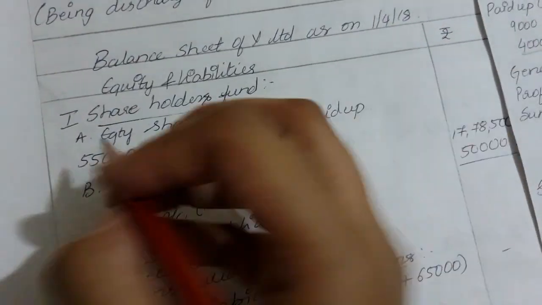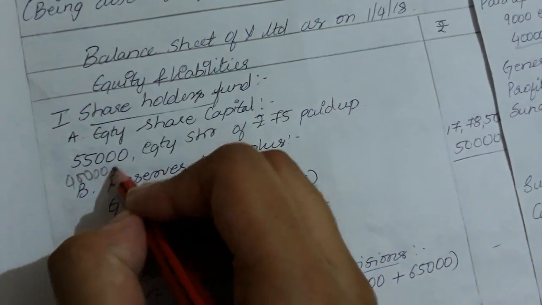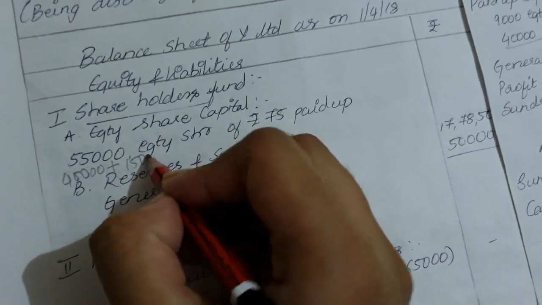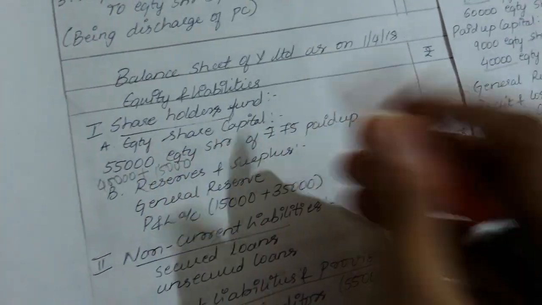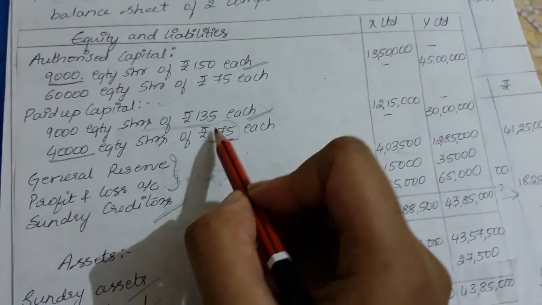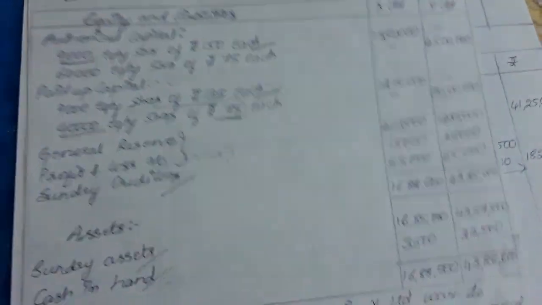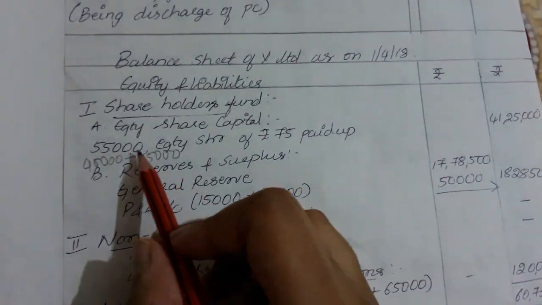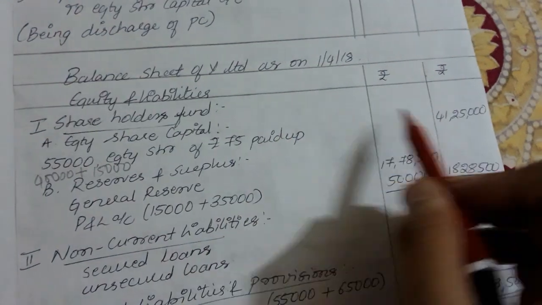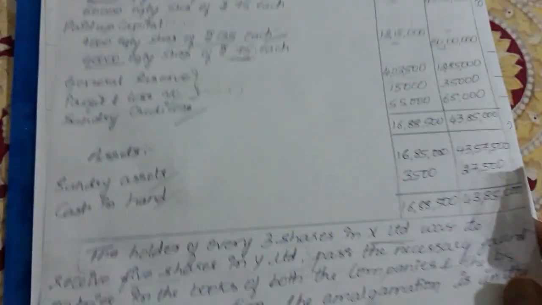So here how does that come? 40,000 plus 15,000, that will be 55,000 equity shares. So what is the face value of Y Limited? Now we will be taking only of Y Limited. You can see the amount is also written in Y Limited, that is 75 each. So 55,000 equity shares of 75 each, 41,25,000.